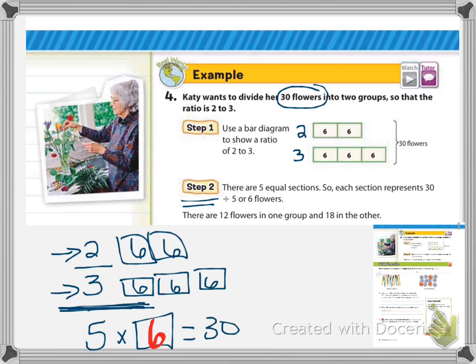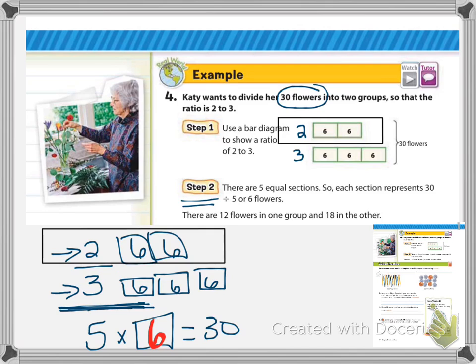So now the question does say, actually the question doesn't say, come to think of it, but it's supposed to say how many flowers does she have in each row or in each grouping. So if you look at the top, this part right here, she's got 12 total.